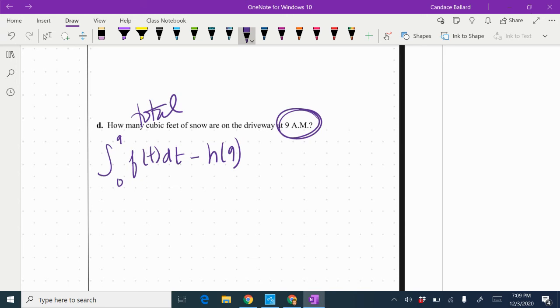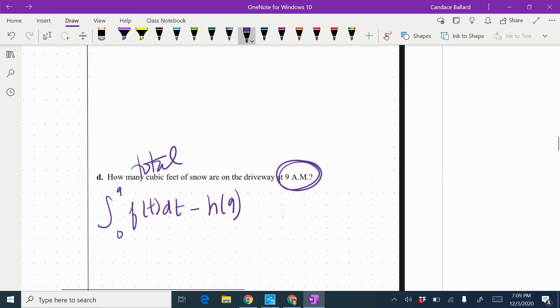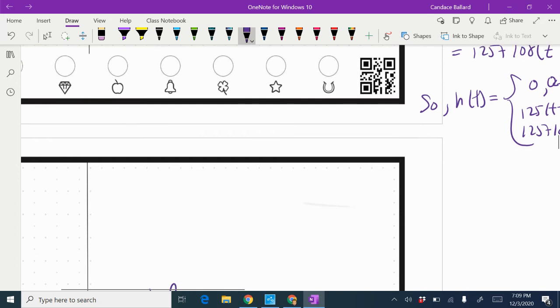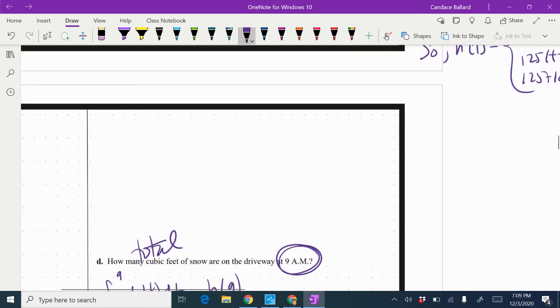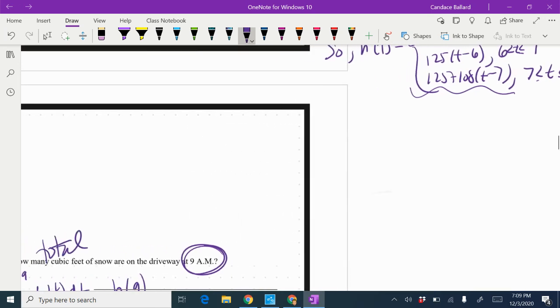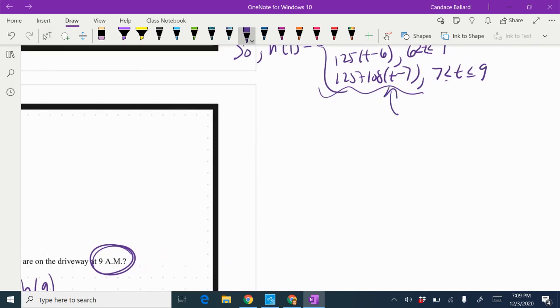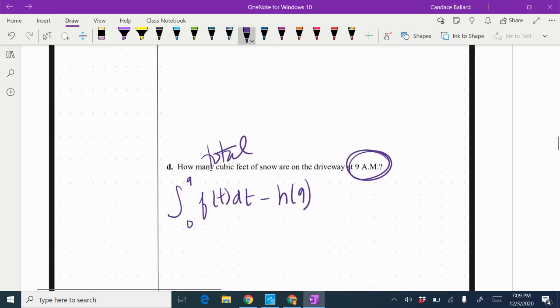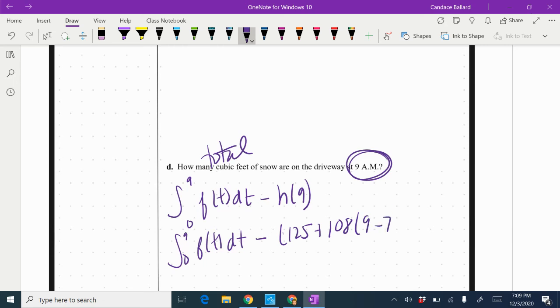I know how much has been removed at 9 is modeled by this function, and I'm going to plug a 9 in for that T. So this is the same thing as the integral from 0 to 9 of f of t dt minus 125 plus 108 times 9 minus 7.